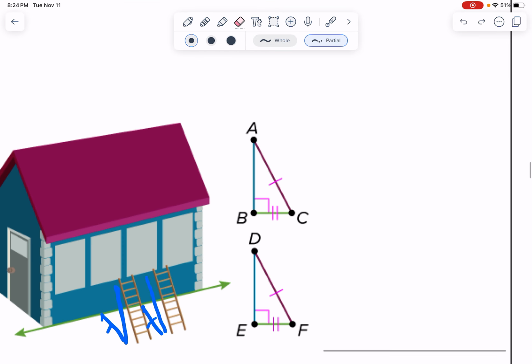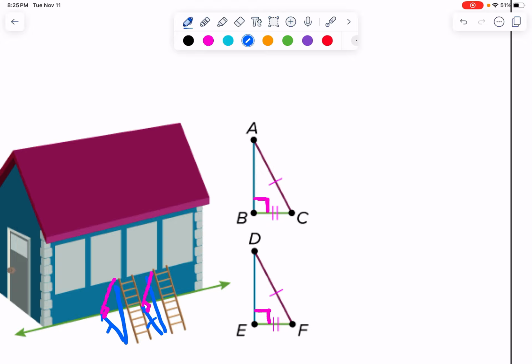So if I have a right triangle, because hopefully the triangle is leaning against a house that is built well and is not leaning, has right angles with the ground, then we have the suspicion that this could be a hypotenuse leg situation.